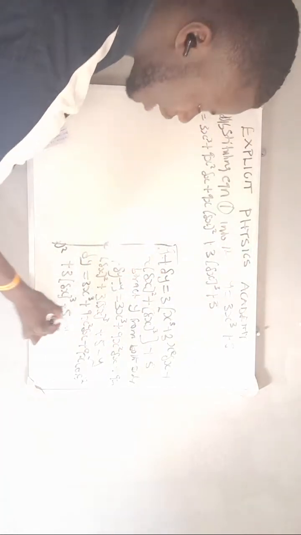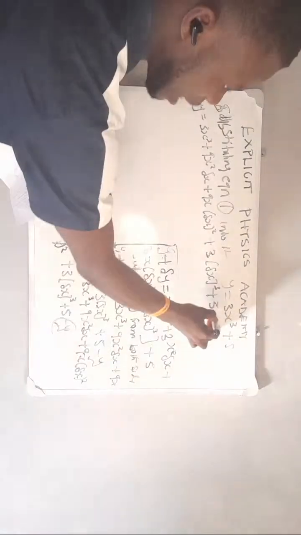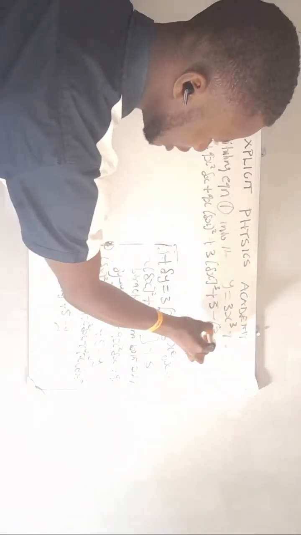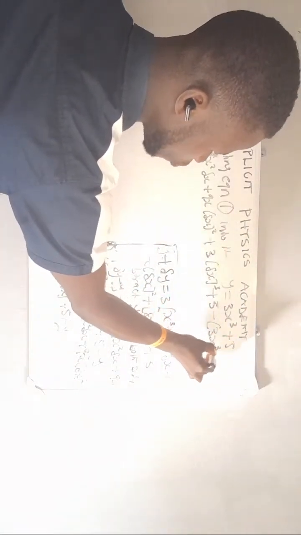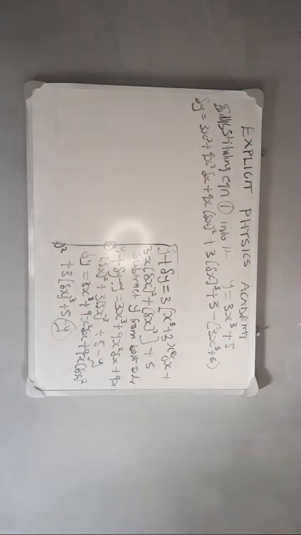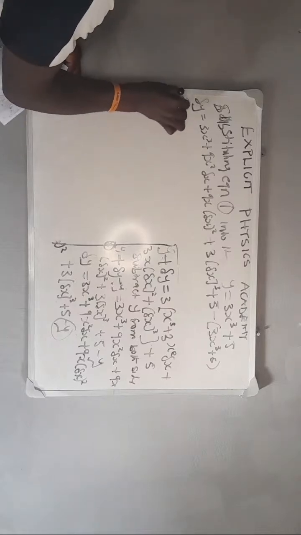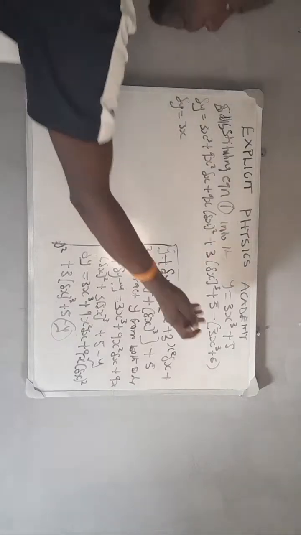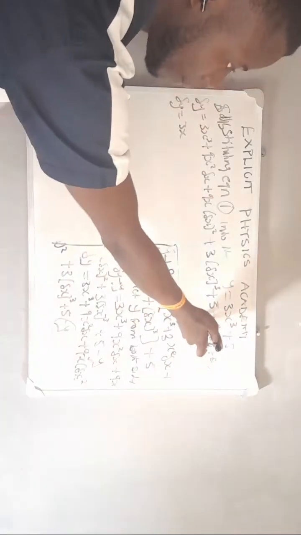Now this is the y, which is minus. So we're going to have minus, you put all these things in brackets, 3x cubed plus 5. Okay, so what do we do here? We continue. The minus sign will affect everything in the bracket, making it all minus.